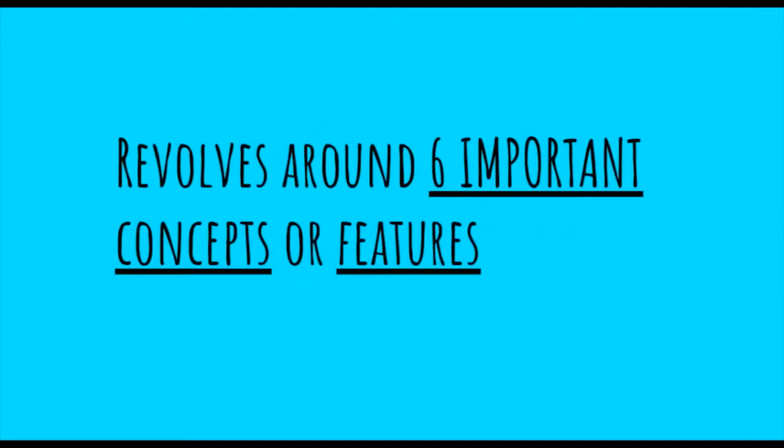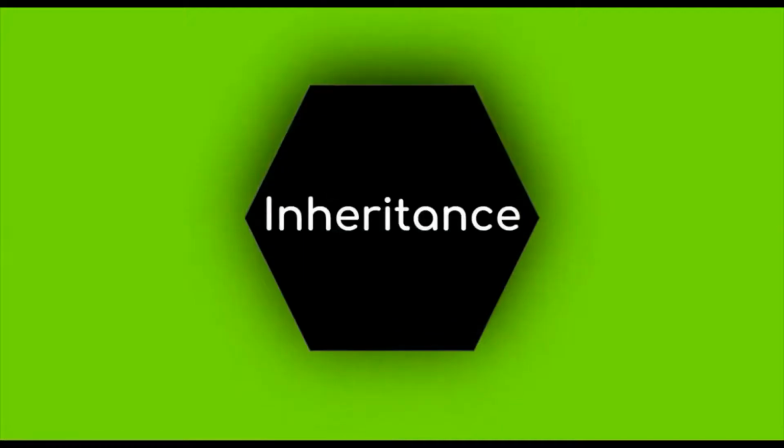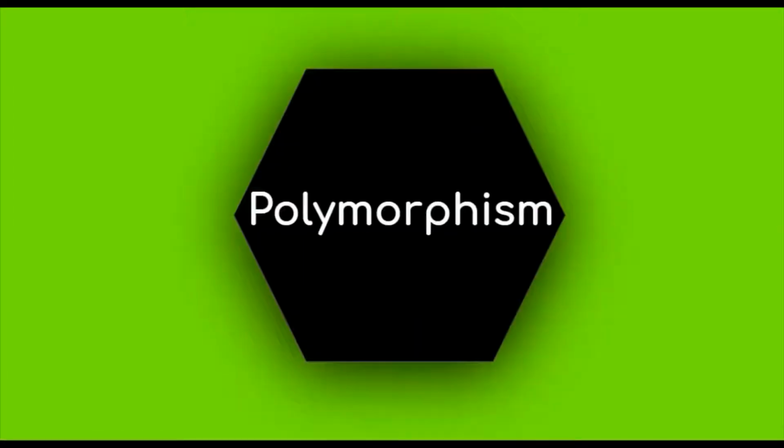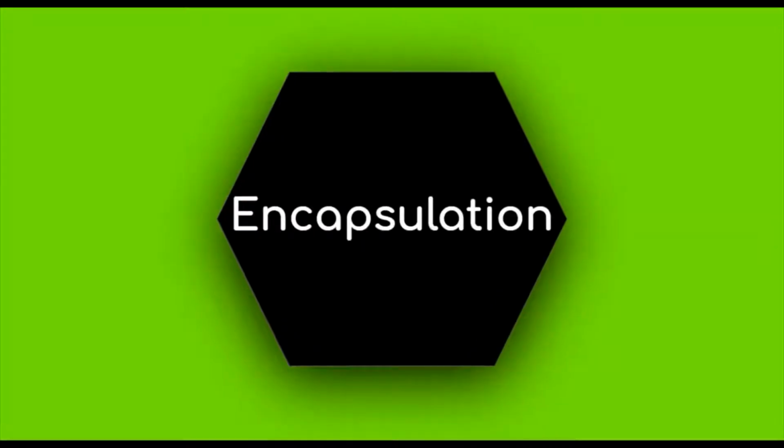And object-oriented programming deals with 6 important concepts or features. And those are object, class, inheritance, polymorphism, abstraction, and encapsulation. Don't worry at all if you don't know any of that stuff. I'll explain everything in detail.